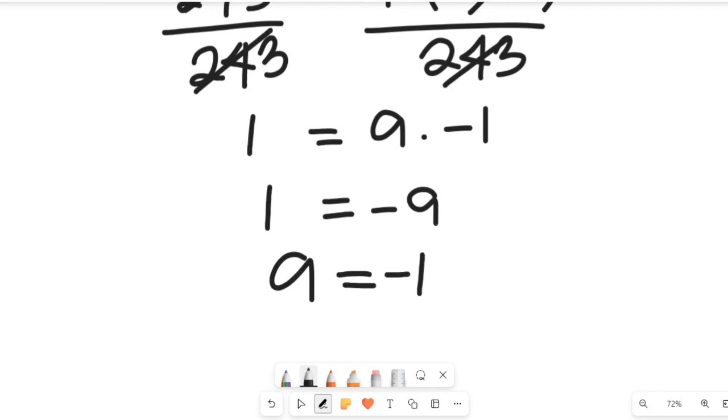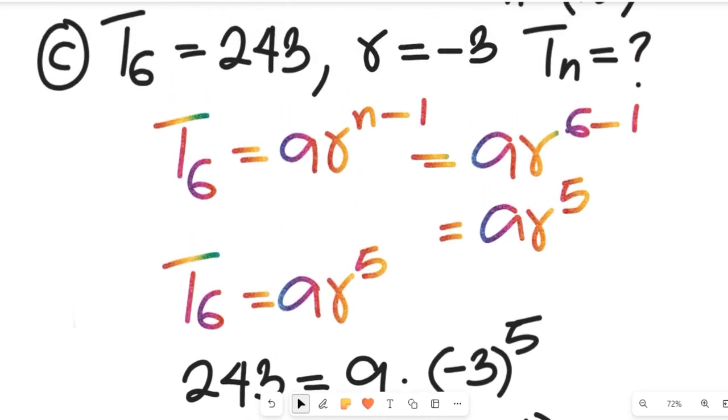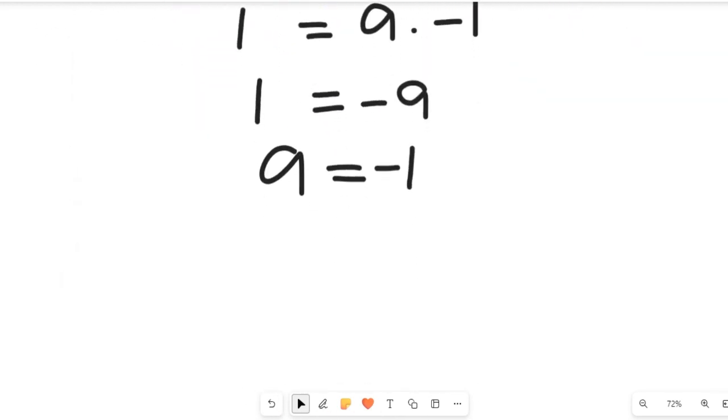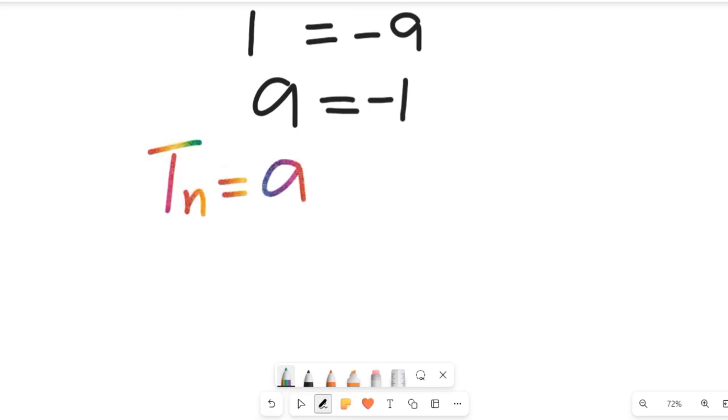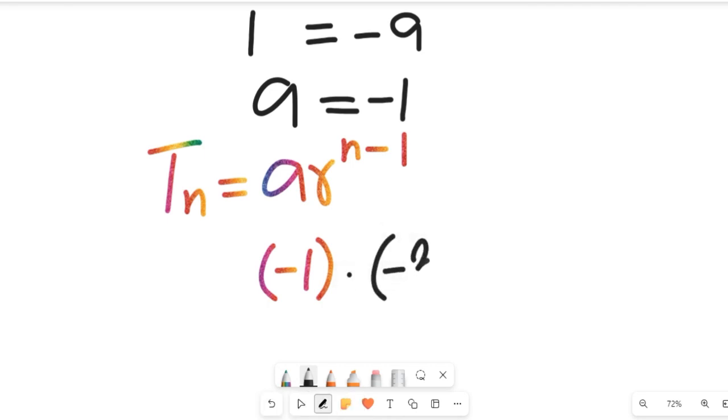So if our A is equal to -1, we will now have our nth term, that is Tn. Remember, our Tn is equal to Ar to the power of n minus 1. So our first term is equal to -1, right? And then multiplied by our common ratio, which was given to us as -3, all to the power of n minus 1.